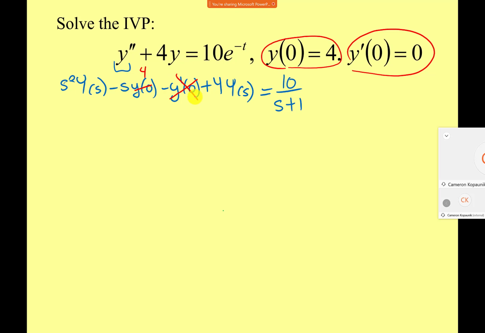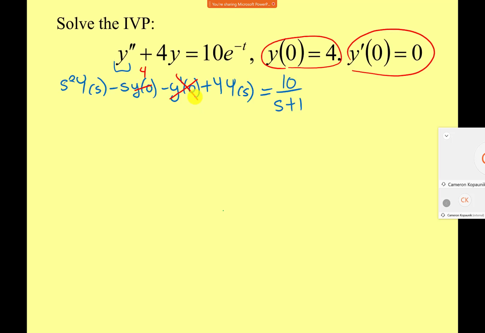Okay, the next thing we want to do is get our Y of s's together and get our constants over to the other side. And so that's our next step. We're going to have s squared plus 4 times Y of s, and on the other side we're going to have 10 over s plus 1, plus 4s.